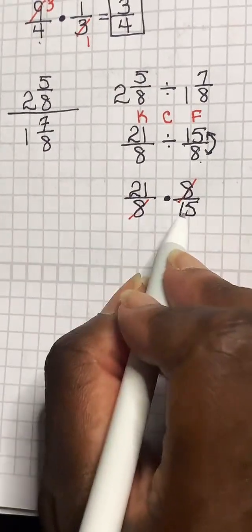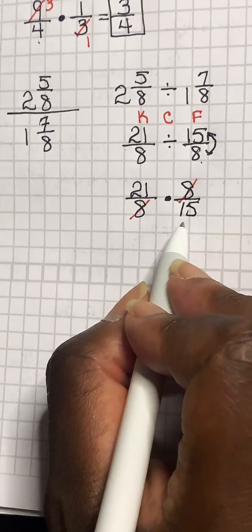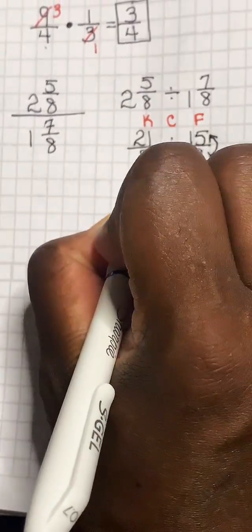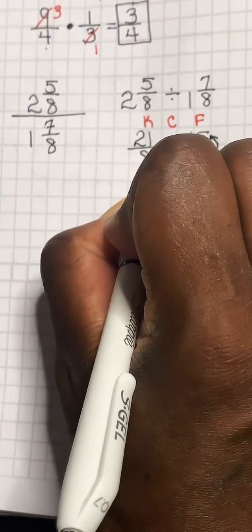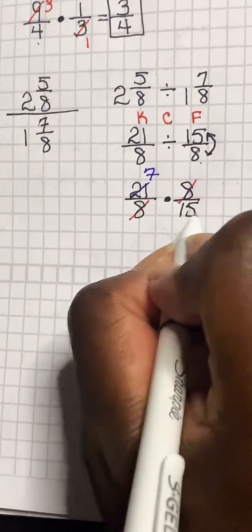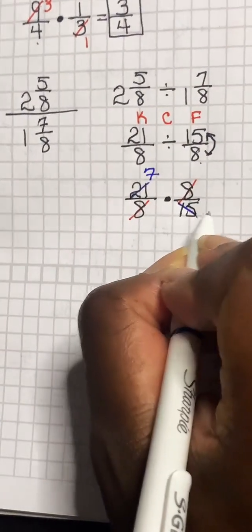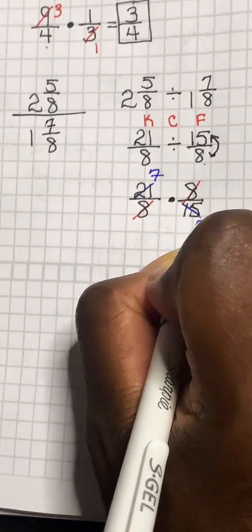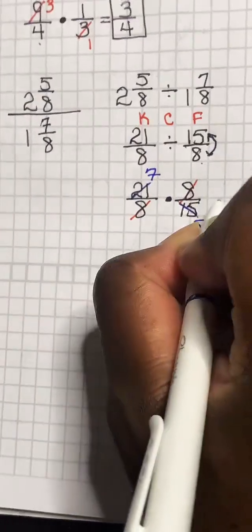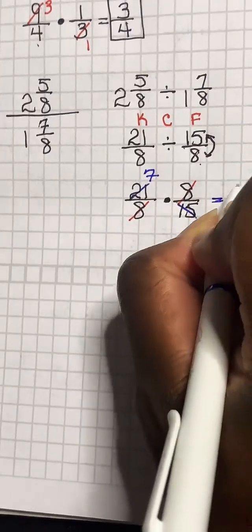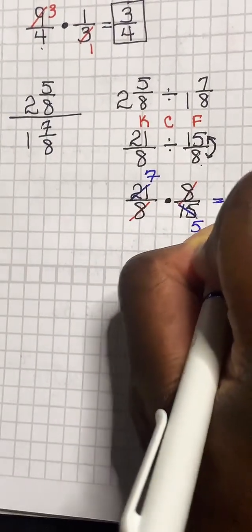But 21 and 15, they both have something in common. 3. So if I do 21 divided by 3, that will give me 7. And if I do 15 divided by 3, that will give me 5. So my answer, we're looking at 7 fifths.